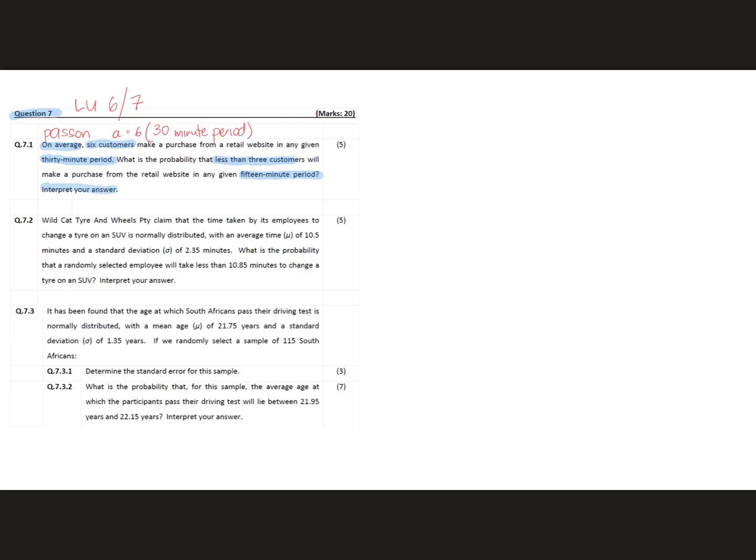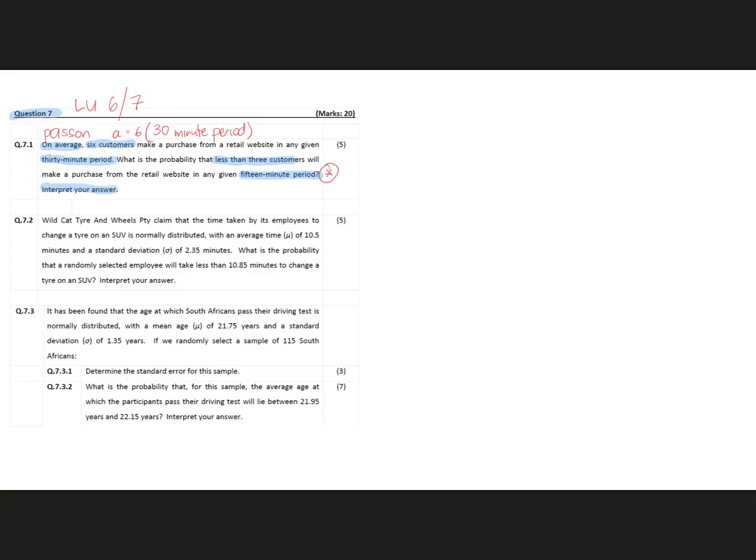Now, it's very important to have read that carefully because you are quite easily going to read through that sentence and that question and not pick up on the little things like the fact that for the first part of it, they said to you the average was 6 for a 30-minute period. However, what the question was actually asking you was, what is the probability of there being less than 3 customers, not in a 30-minute period, but rather a 15-minute period?